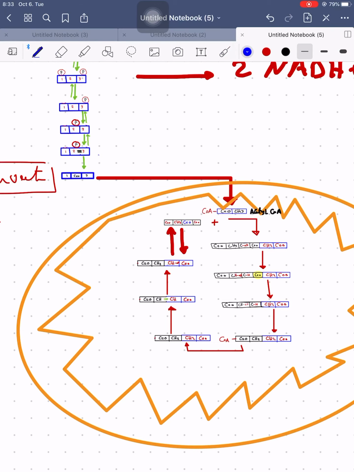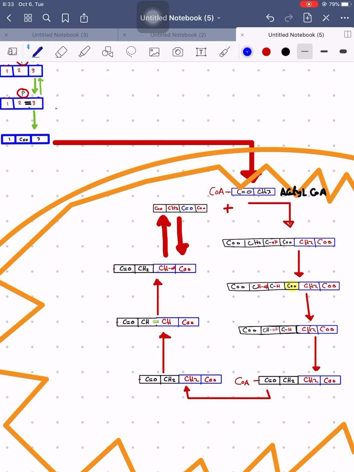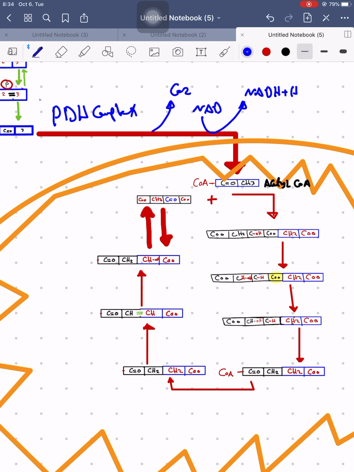The most important enzyme, which we covered last time, is the pyruvate dehydrogenase complex. You produce CO2 here, and the coenzyme NAD is reduced to NADH. So here is the production of acetyl coenzyme A. Of course, you need to insert coenzyme A here.